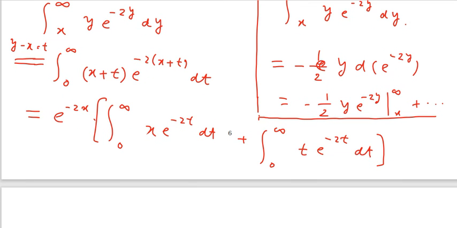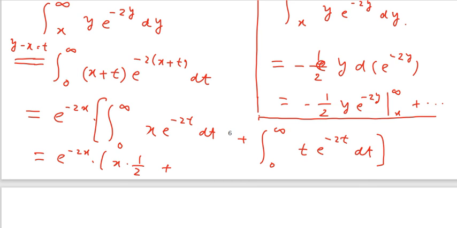For the first one, x is constant, so this integration is easy. It is just x over 2. For the second one, it looks like lambda e to the negative lambda t, so t times that is just like an expectation.